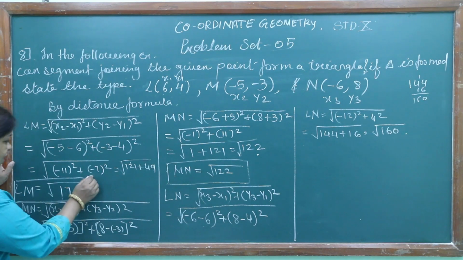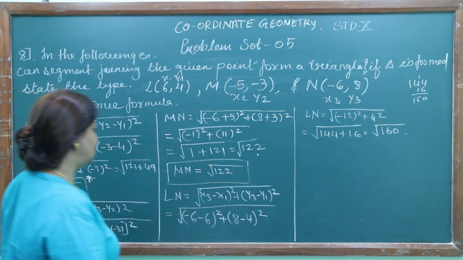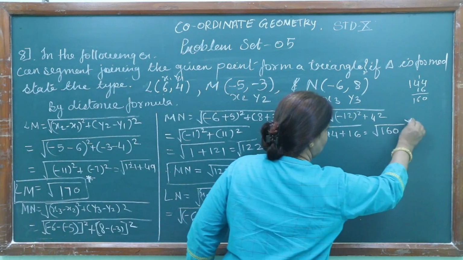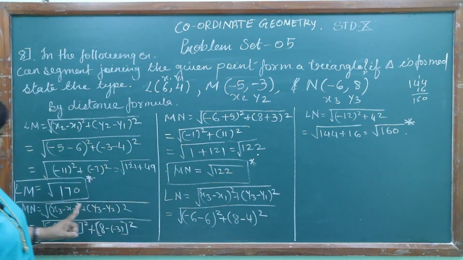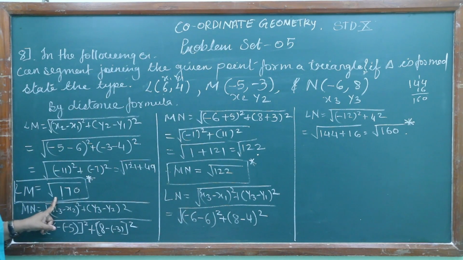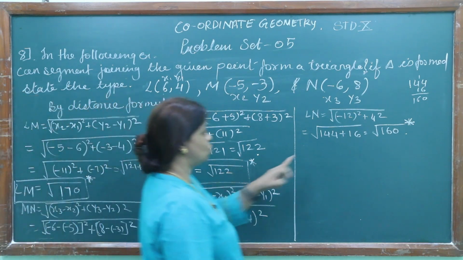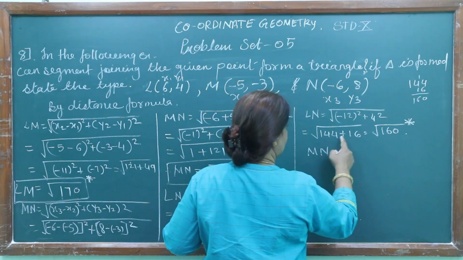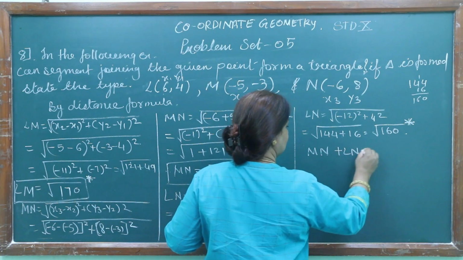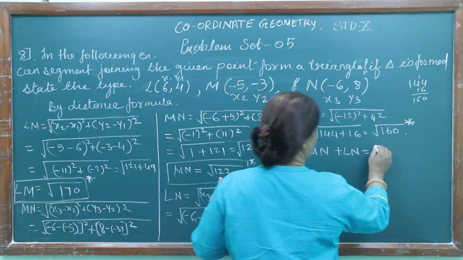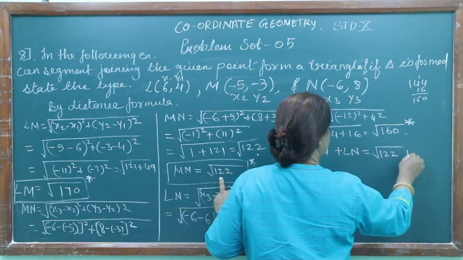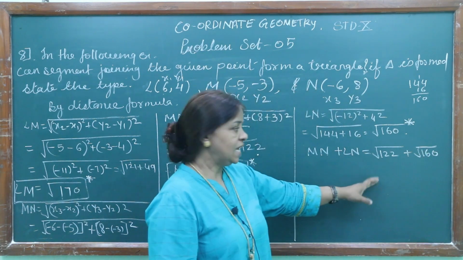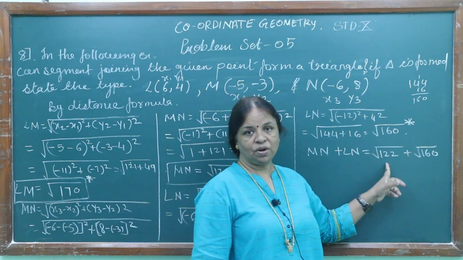Children, see, out of all these three lengths, the largest one is 170. Okay, so let me add the two smaller lengths. So MN plus LN, if I add, I am going to get 122 plus 160, but it is not easy for me to add. They are not under the root of the same number, so I cannot add them.